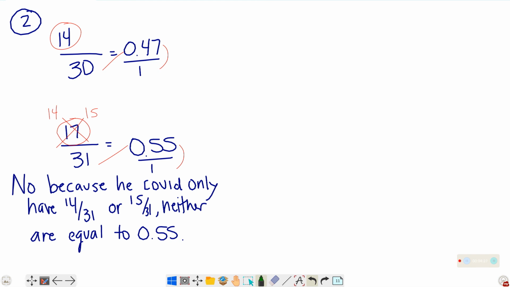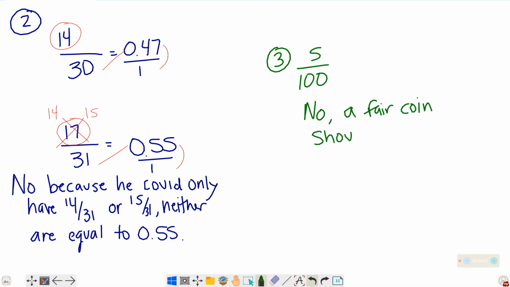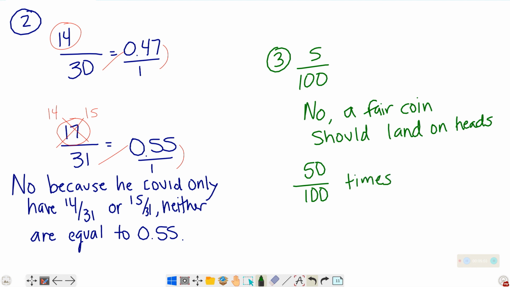In number 3, it says Jerry observed 5 heads out of 100 tosses. And it asks, do you think this is a fair coin? Why or why not? I would say no. A fair coin should land on heads 50 out of 100 times, half of the time.